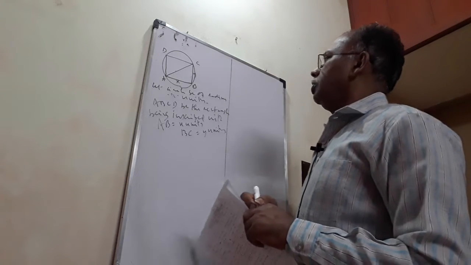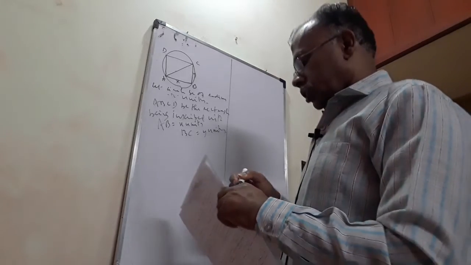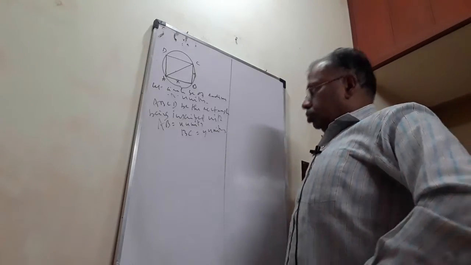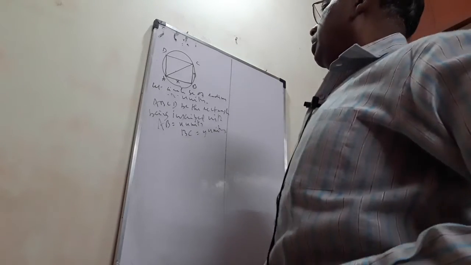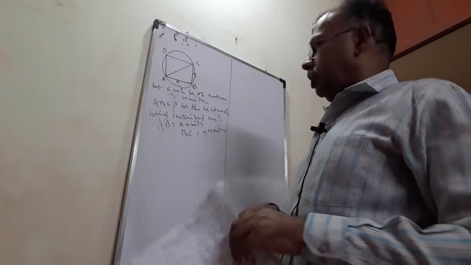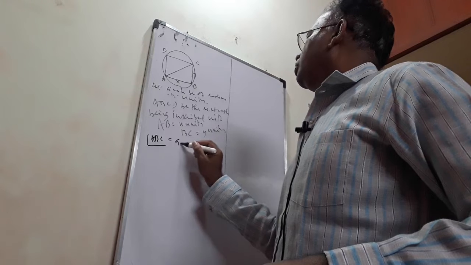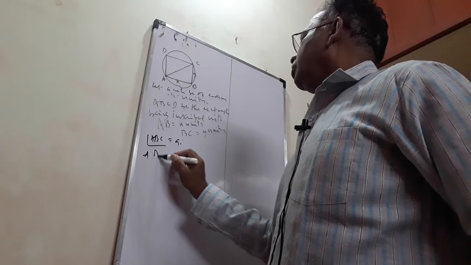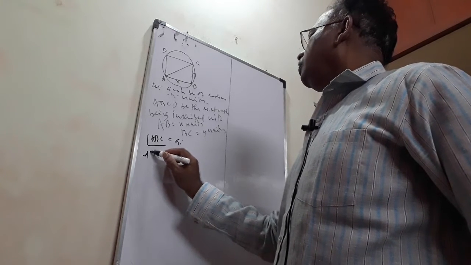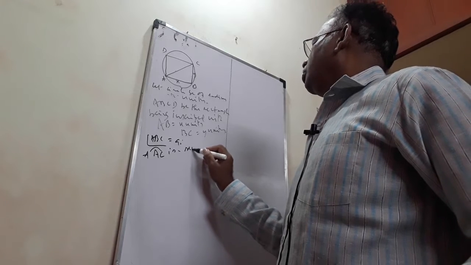In any rectangle, each angle is 90 degrees. Now angle ABC is equal to 90 degrees, which implies AC is a semicircle.